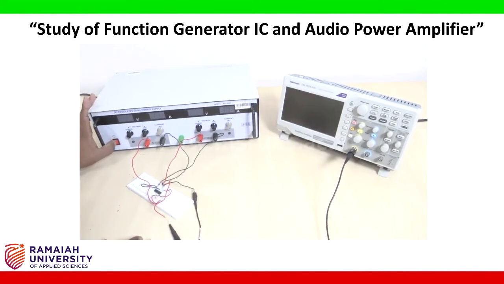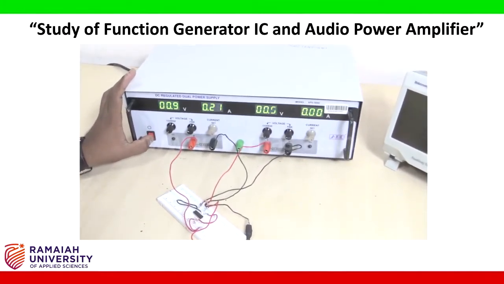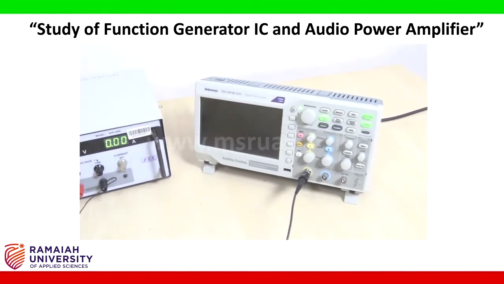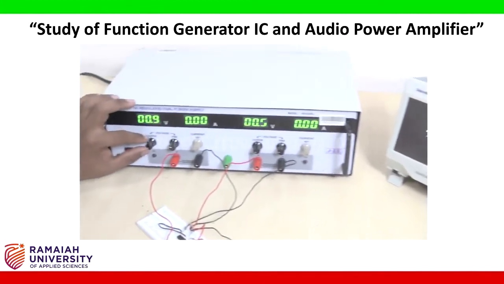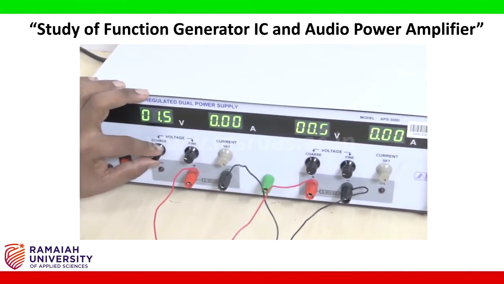Now you switch on the DC regulated dual power supply and digital oscilloscope. Set the DC regulated dual power supply to 6 volts at both the terminals.